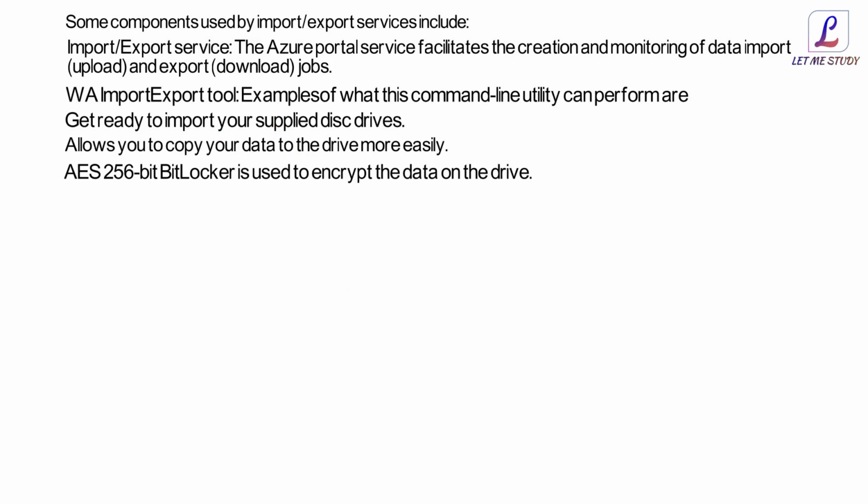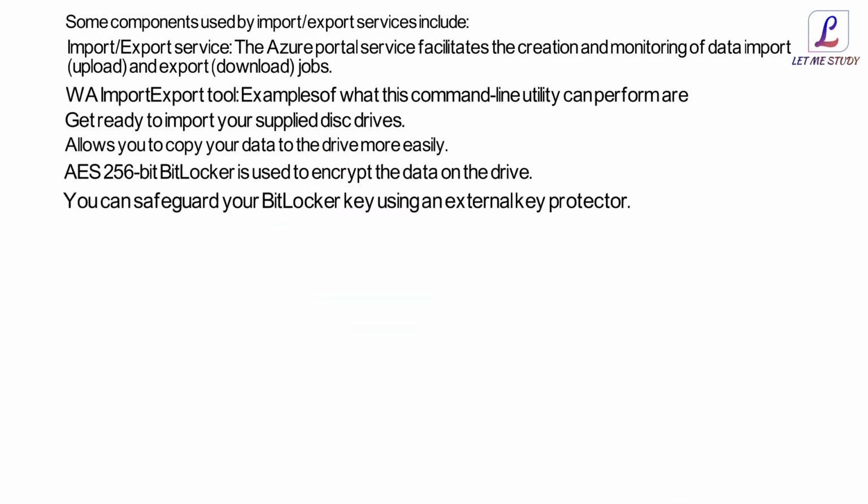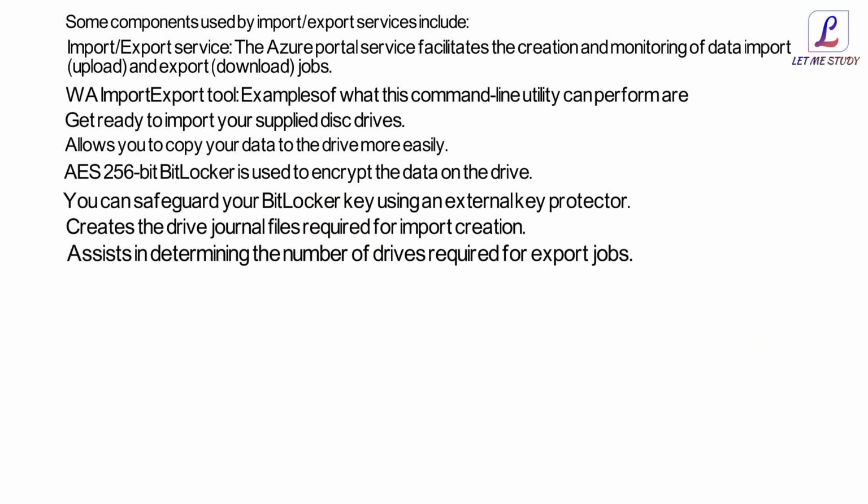AES 256-bit BitLocker is used to encrypt the data on the drive. You can safeguard your BitLocker key using an external key protector. It creates the drive journal files required for import creation. It assists in determining the number of drives required for export jobs.